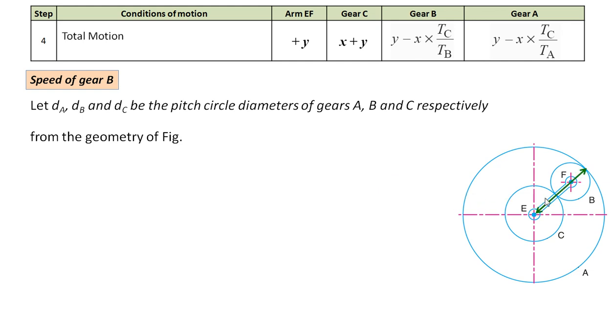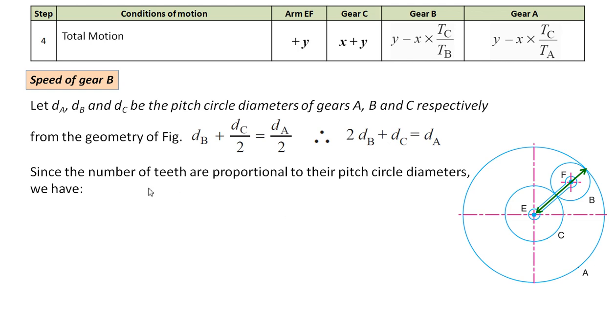In the figure, the radius of this big gear A is equal to the radius of C plus the diameter of B. So we can say that DA divided by 2 is equal to DC divided by 2 plus diameter of B. So we have DB plus DC by 2 equal to DA by 2, or we can write 2 times DB plus DC equal to DA.